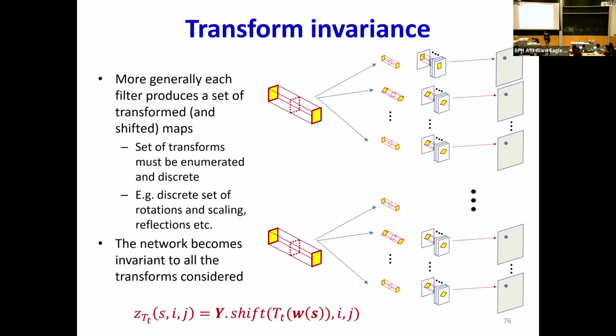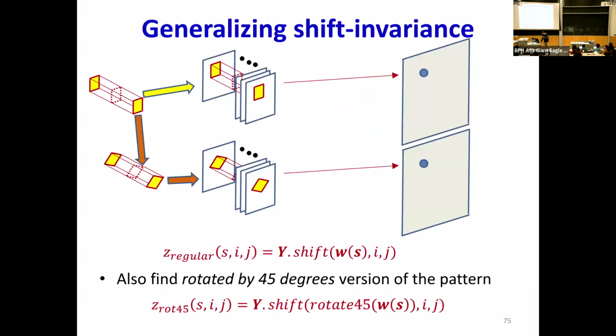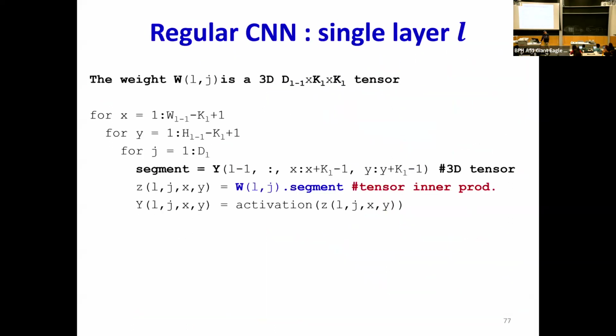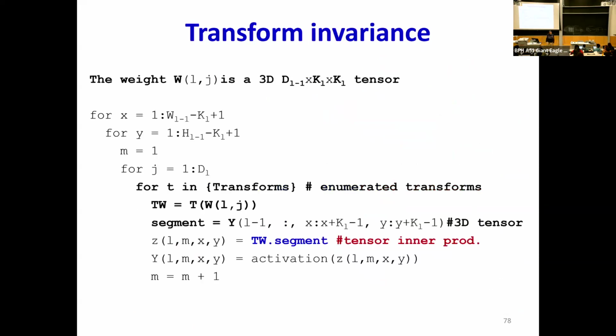And so if you actually wrote down code, this was the standard code where you pulled out a slice and computed an inner product if you didn't want transform invariance. Now, in addition to scanning the input with the filter, you're going to actually scan with every transformed version of the filter, which means that at each layer, the number of channels is going to explode.